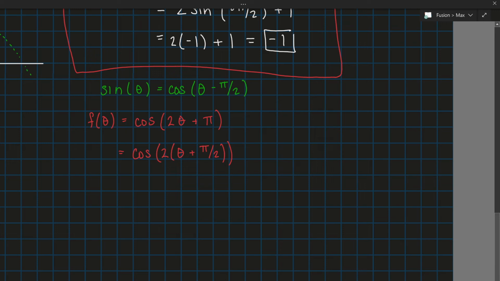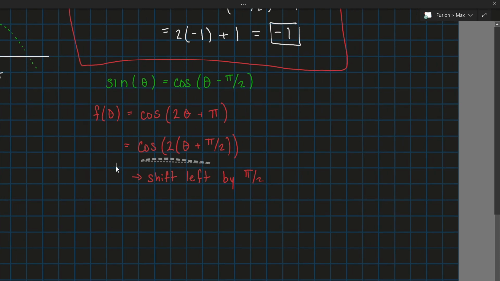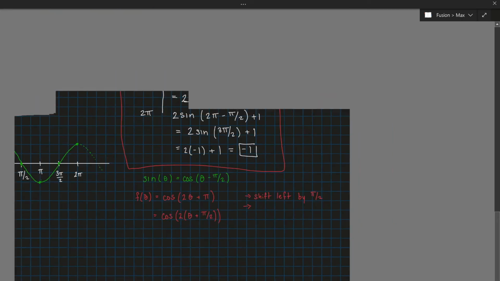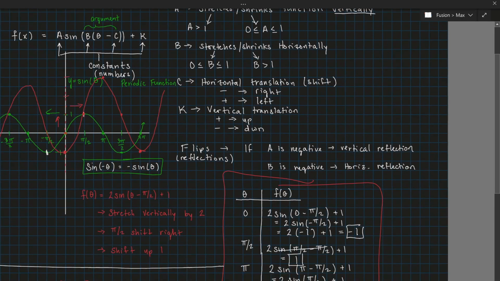What's the 2 going to do here? The one on the outside. Causes problems, yes. In terms of translations, or transformations, what's that going to do? Make it shrink.